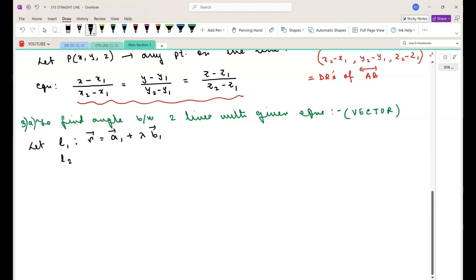And suppose the second line is r equal to a2 plus mu b2. Now here be careful, don't take the same constant lambda, because this is a separate line, you must take a different constant. Of course lambda and mu both are just real numbers. Now we want to find the angle between these two lines.